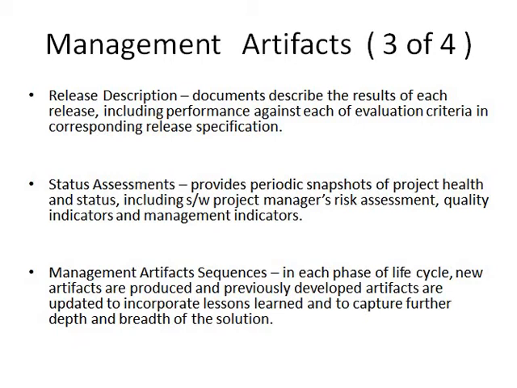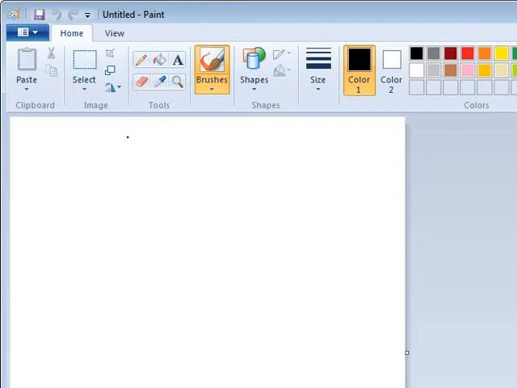Okay, so next, once we go for your next one, management artifact sequences. So what do you mean by artifact sequences? Okay, so in management artifact sequences you have your phases here: your inception phase, your elaboration phase, your construction phase, and your next is your transition phase.